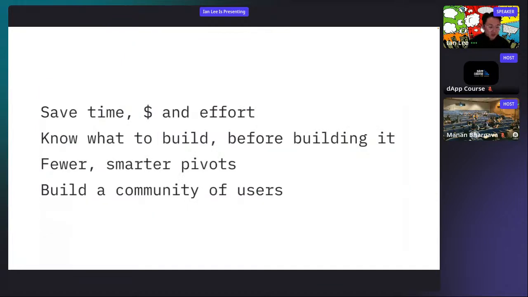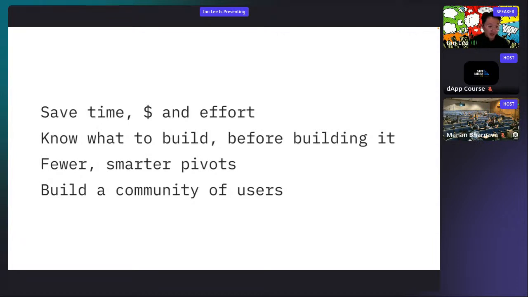Okay, so what are the advantages of design research, as we call it at IDEO, or effectively this prototyping and validation methodology? So number one, you save time, you save money, and you save a lot of effort. Why is that? It's because you actually know what to build before you build it.